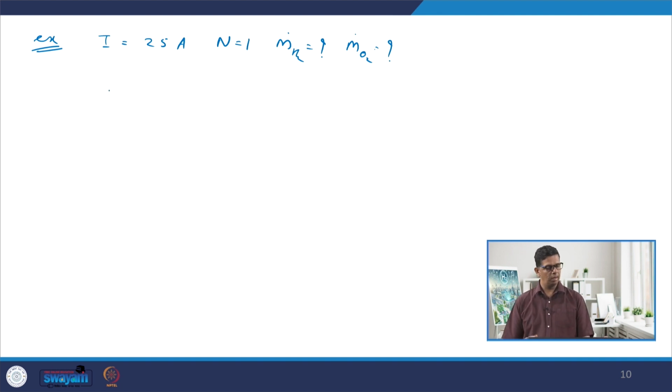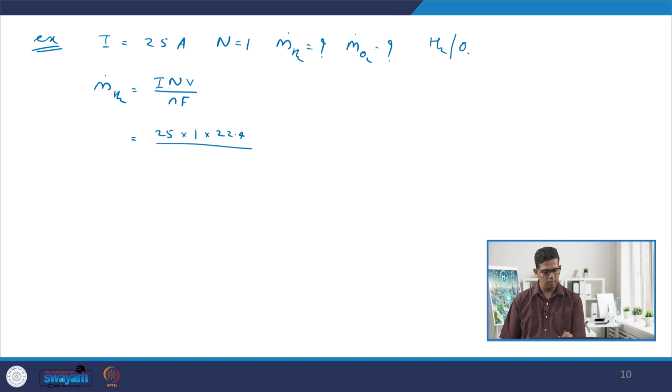We have been given the amount of current flowing and the number of cells. So, let us find out m dot H2 is I n V by N F. I is 25 amperes of current, number of cells is 1, volume is 22.4 liters. It is a hydrogen oxygen fuel cell, I forgot to mention that, an H2 O2 cell.